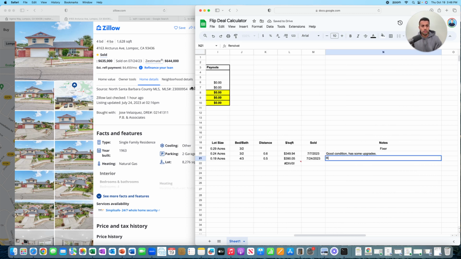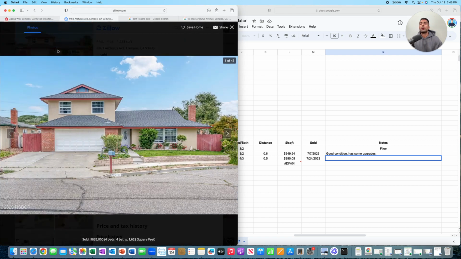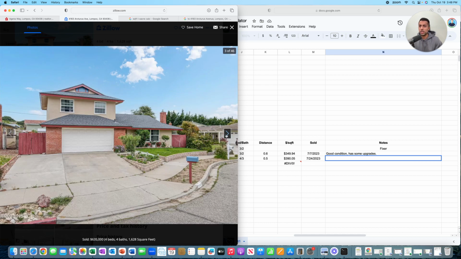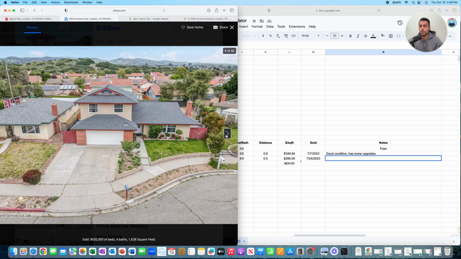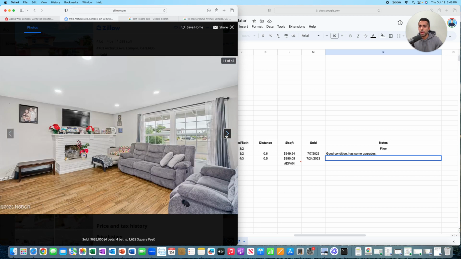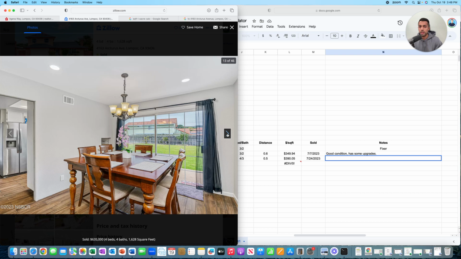So I would say, oh, well, you know what? Let's just double check the pictures. Cool. We have a manicured front lawn. Roof is definitely new. We got the paint, nice brick. It's a good looking property, right? Okay, cool. Yep, fresh paint. We have recessed lighting. We have new windows, new flooring.